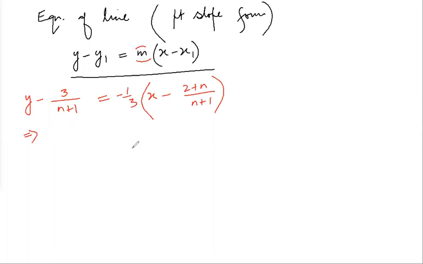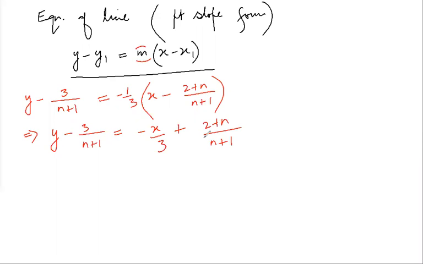So this is equal to y minus 3 divided by n plus 1 is equal to minus x by 3 plus 2 plus n divided by n plus 1. Is it right, students?